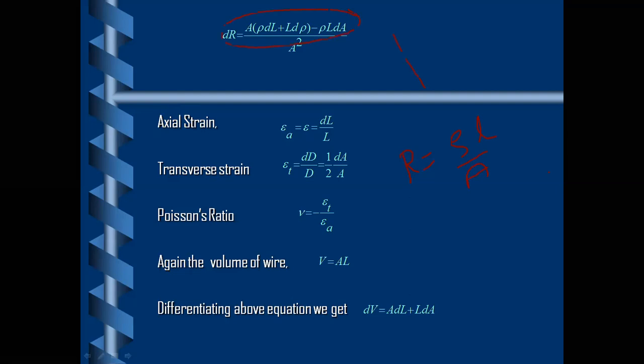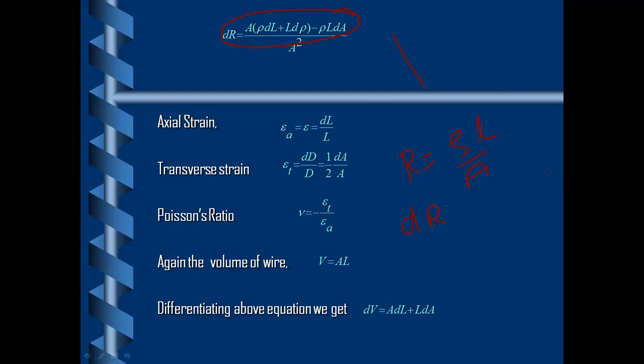What is that equation? Just observe: dR is equal to A rho dL plus L d rho minus rho L dA. How are you getting this? So this is dR.